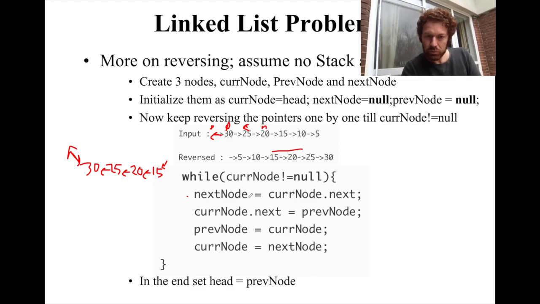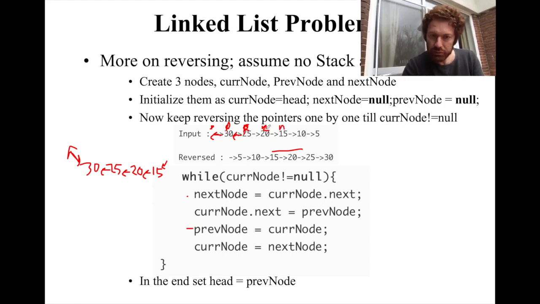Current.next, be careful, this direction: 25.next was 20, but I want it to be 30, so I will do this. 25.next will be this. See, I negated this direction with that trick. Then I shift everything to the right one step. So this will be prev because of this line, this will be current, and this will be next.